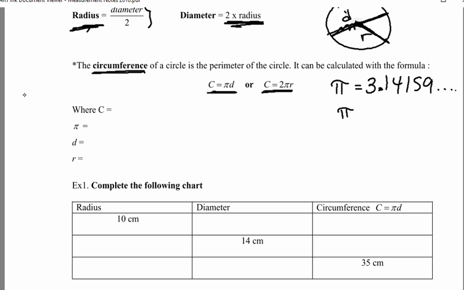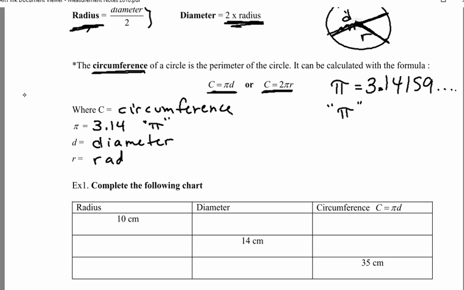You should use the pi button on your calculator, which we'll take a look at in a sec. So, circumference equals pi d, where c stands for the circumference, what we're trying to calculate. Pi is 3.14, but we should use the pi button if we can. D is diameter, and r is radius.